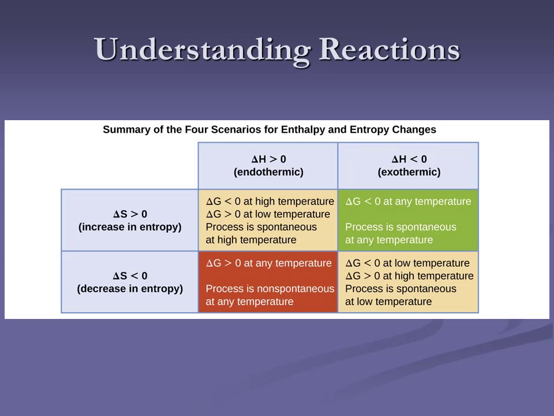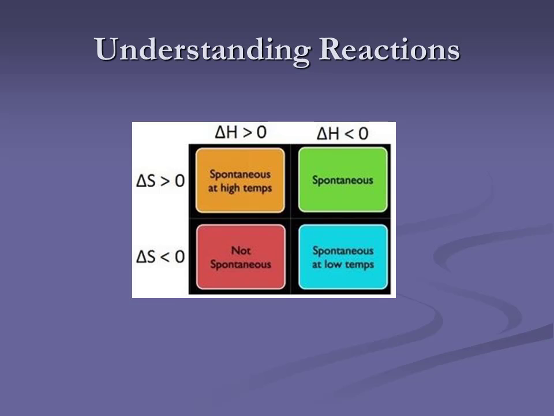Now notice these other two. Here, the delta G, the free energy change, is going to be dependent on the temperature. Likewise here, dependent on the temperature, that Kelvin factor. So, you know I like to simplify stuff, right? Let's just do it like this. Green, spontaneous.